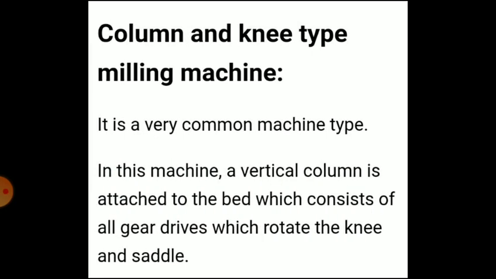The second type according to their purpose is production milling machines. In that the classification is planer type, bed type, drum type, hand operated, continuous or rotary millers, and tracer control. And the third type is special purpose milling machines. So this is regarding the classification of milling machines.